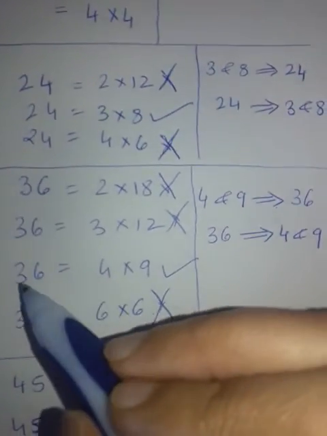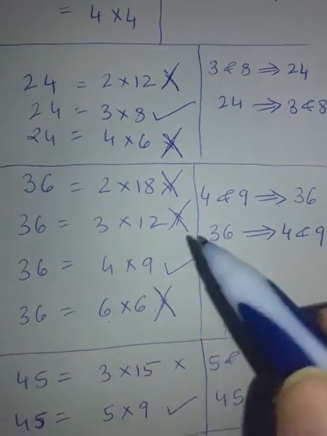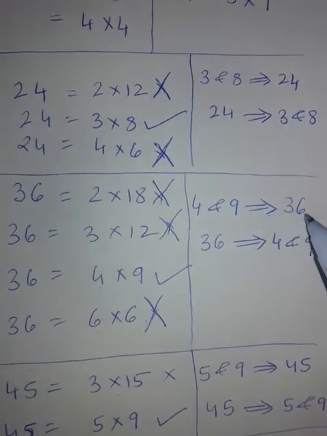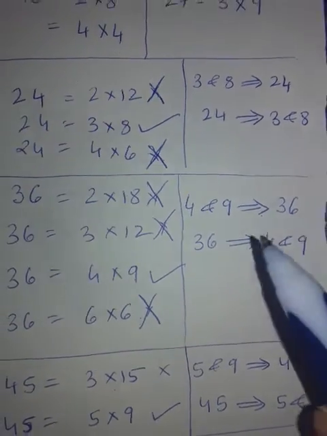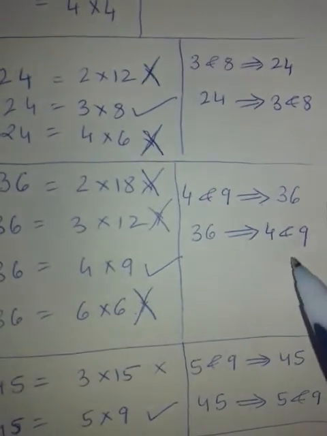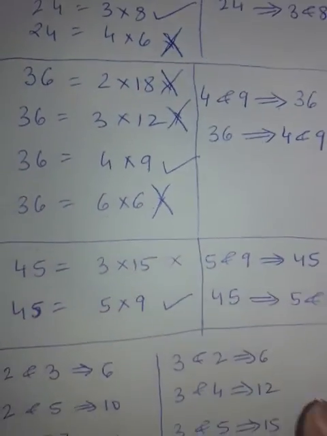So that means what is divisibility test for 36? A number which is divisible by 4 and 9 is divisible by 36. If it is divisible by 36, then definitely divisible by 4 and 9.